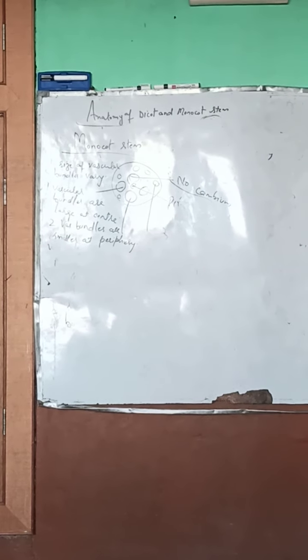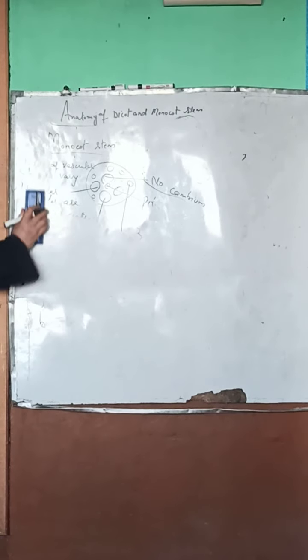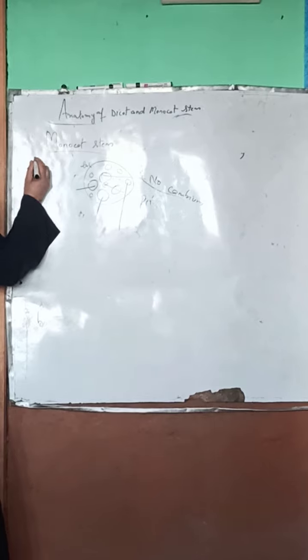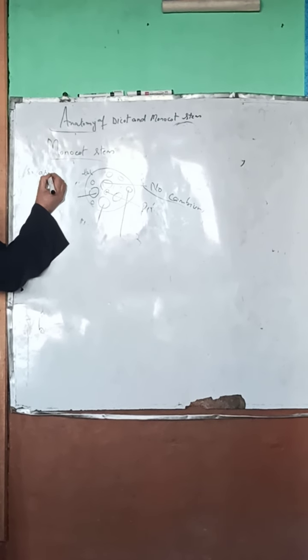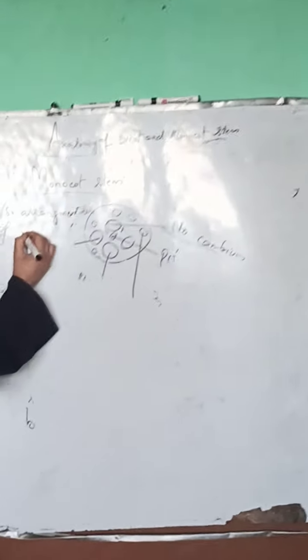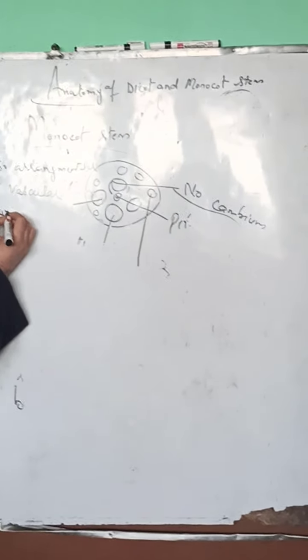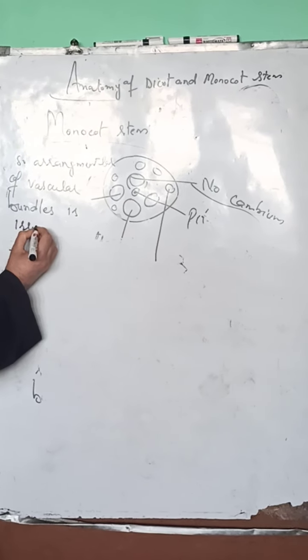Then the arrangement of vascular bundles is irregular. So there is an irregular arrangement of vascular bundles.